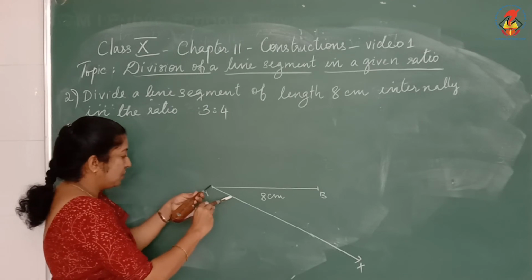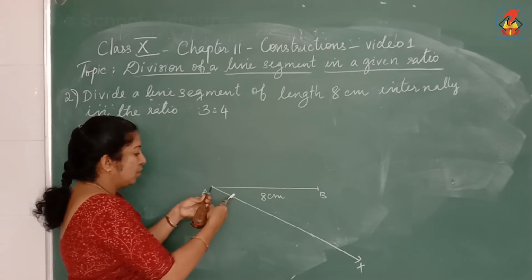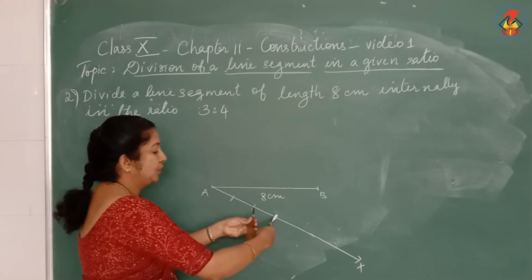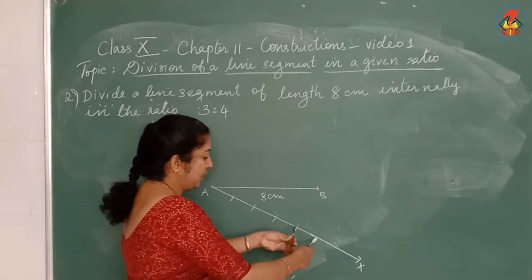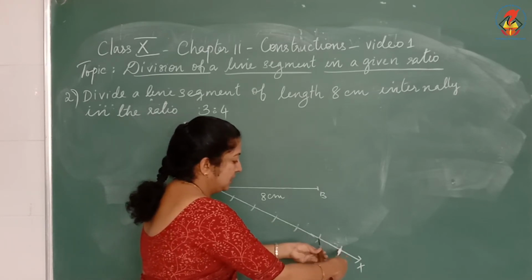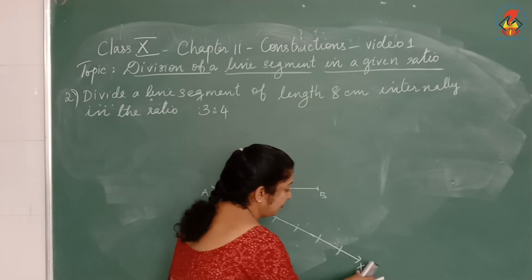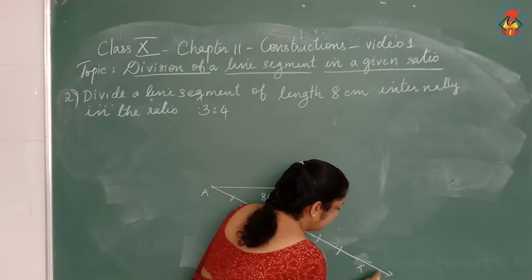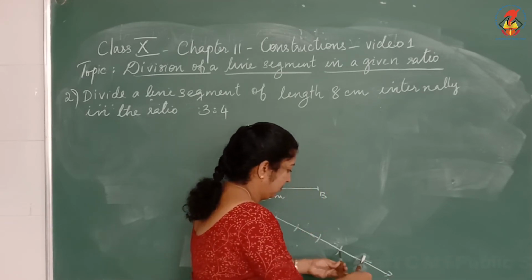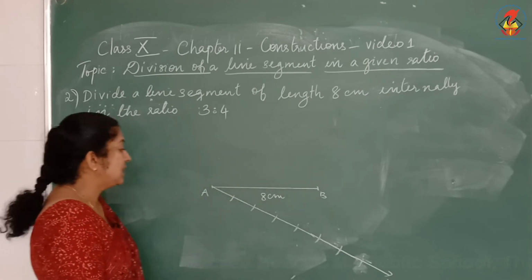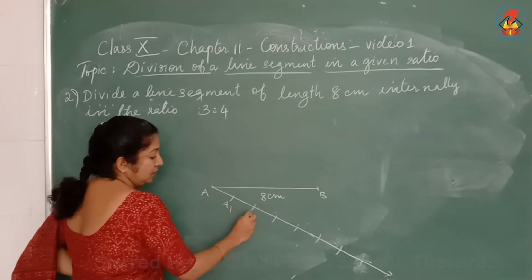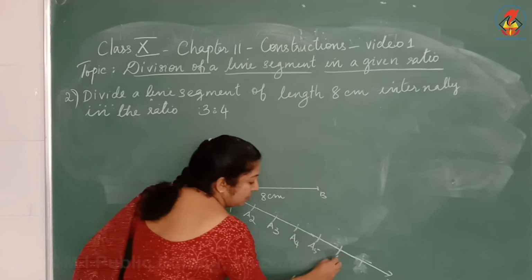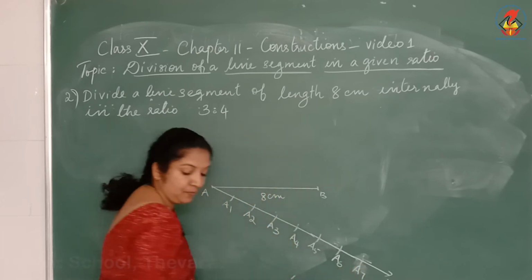So we have to make 7 parts here: 1, 2, 3, 4, 5, 6, and we extend this to get 7. We can mark this as A1, A2, A3, A4, A5, A6, A7.